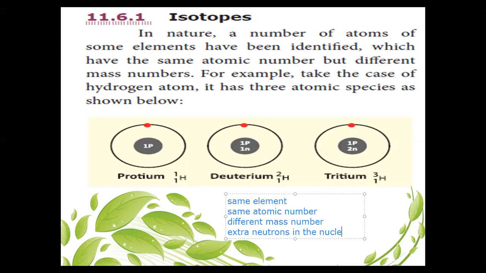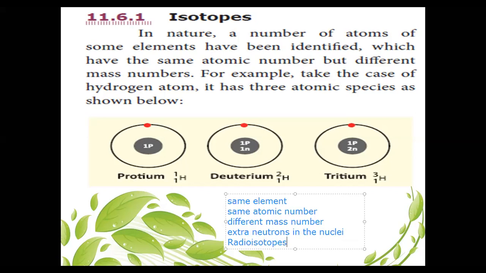That is called radioisotopes. For example, cobalt-60 is used in radiotherapy treatment, and uranium is also used in nuclear reactors.